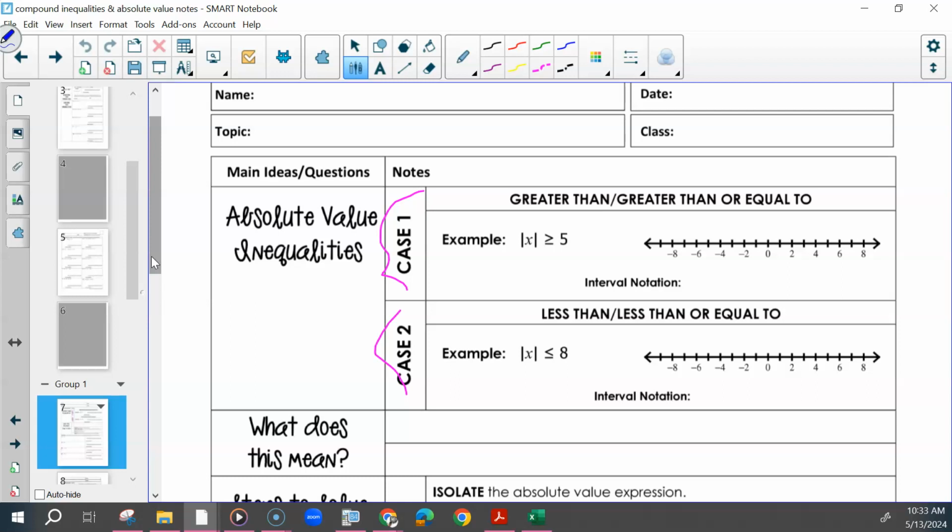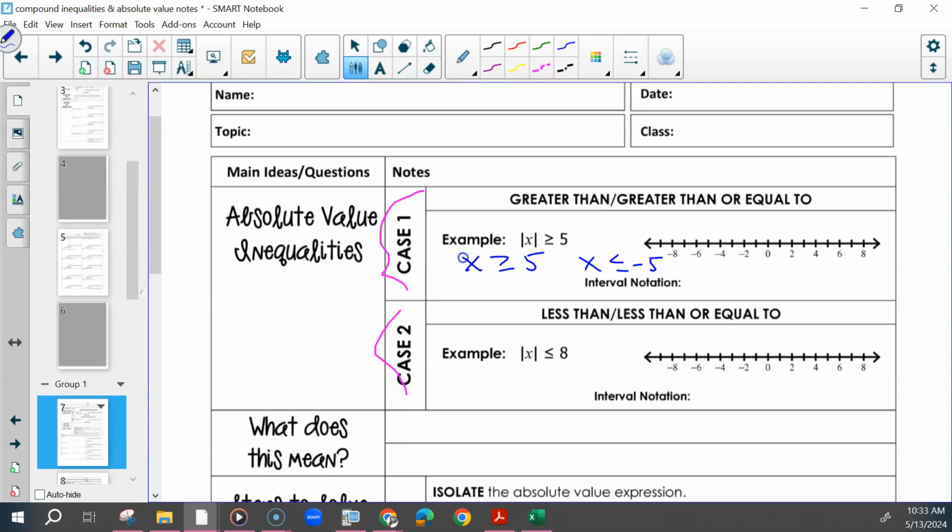To create those 2 cases, you're going to drop the absolute value and keep one exactly the same. So x is greater than or equal to 5. Then you're going to keep x, flip the direction of the sign, and make the number negative. And that will create your 2 cases.